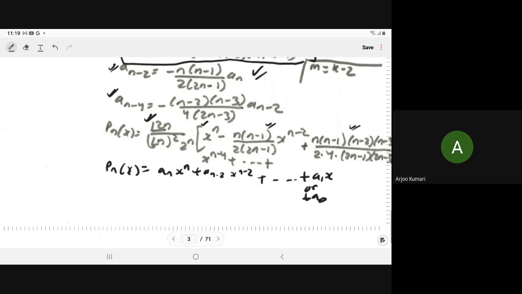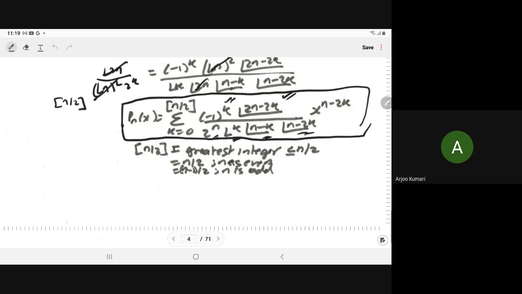Another formula for the Pn is this one. Then we have derived the third formula of the Pn in closed form. Now from here, have you copied this?